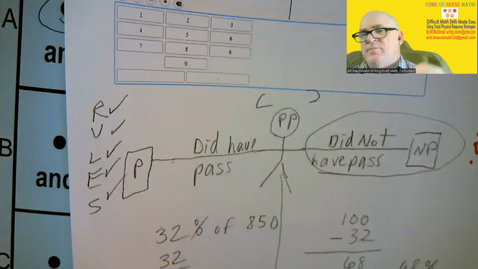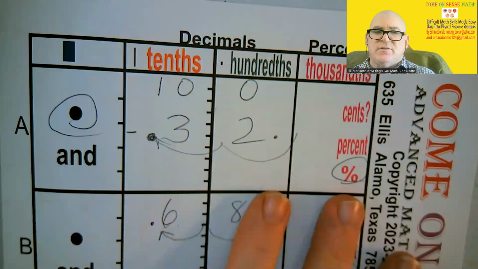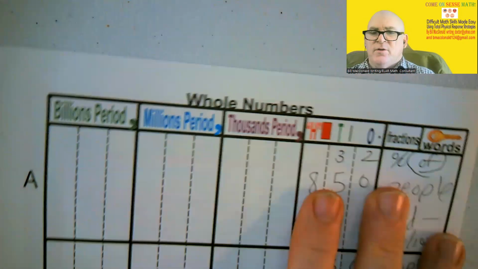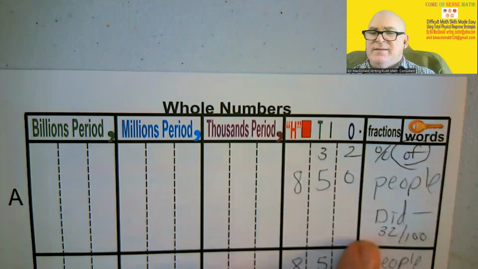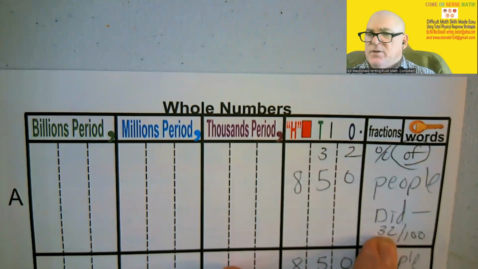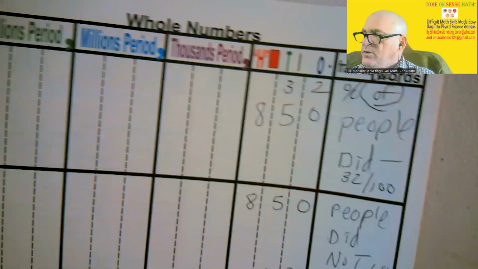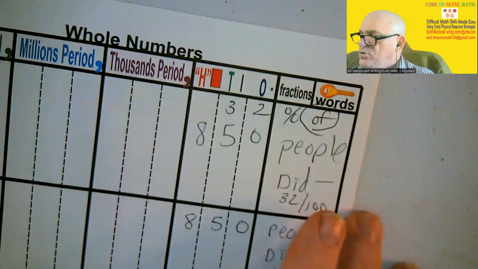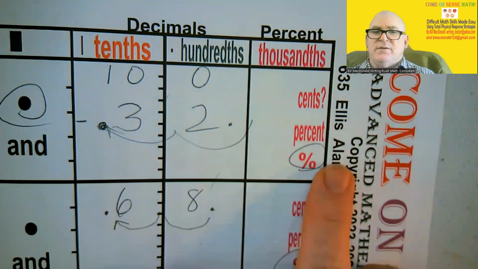And so I'm going to use my place value chart in the fractions, decimals, percents. 32% of 800 people, they did have that. So I can immediately move the whole number to the fraction, which would be 32 out of 100. And we could also say 32%.